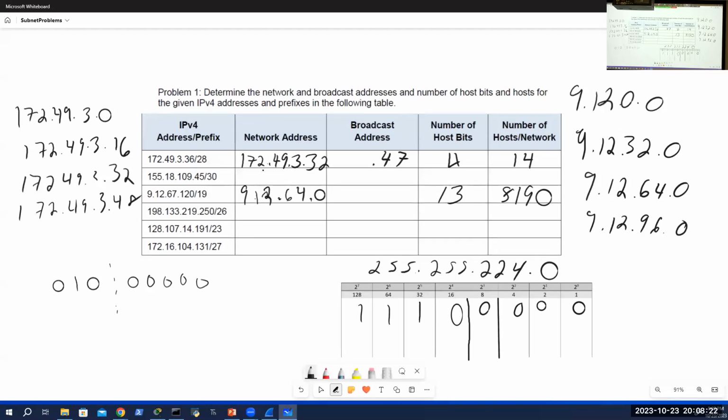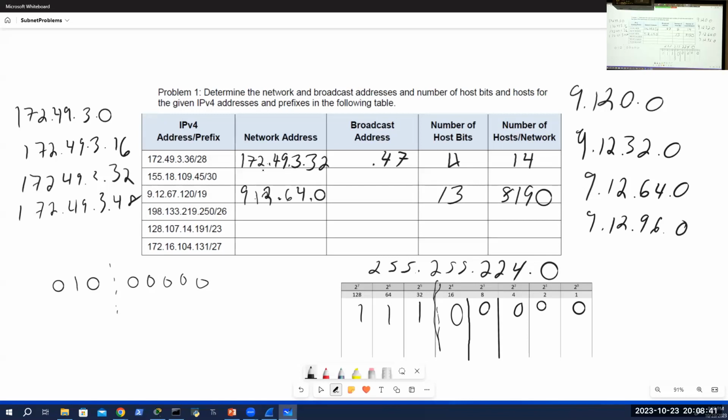Because we only have 19 bits as the network ID, so it only goes to here. That's our delimiter. So 64 looks like this, 0, 1, 0, and then we don't care about the host bits right now.